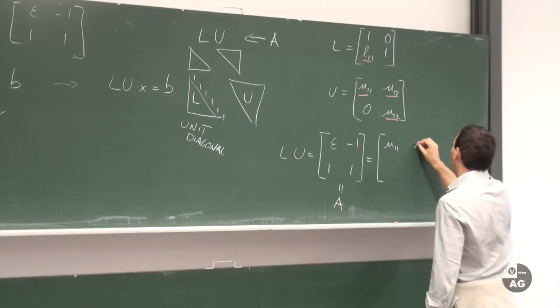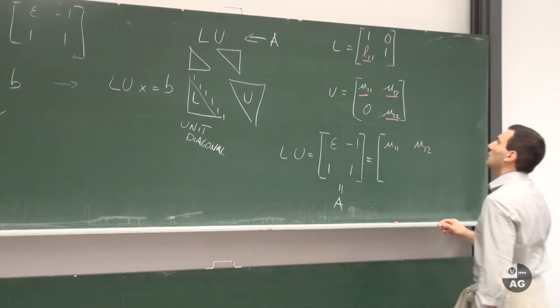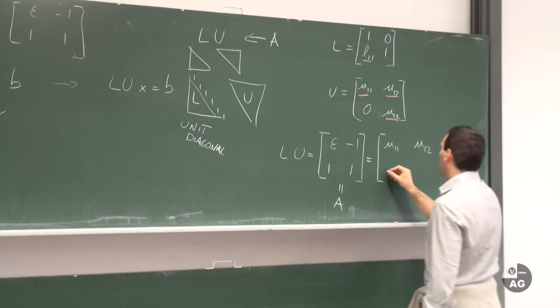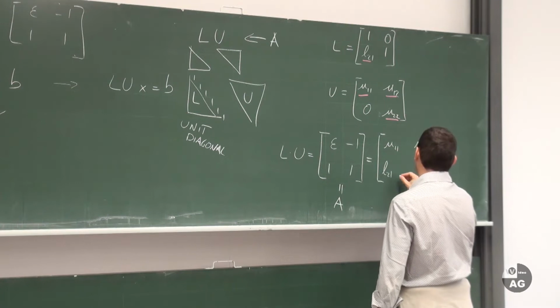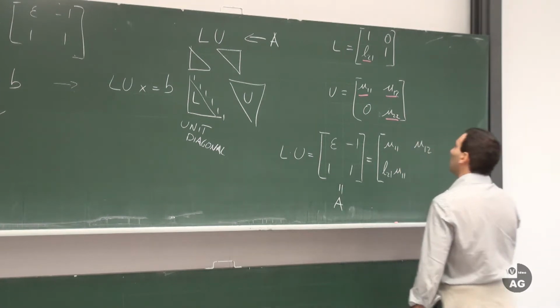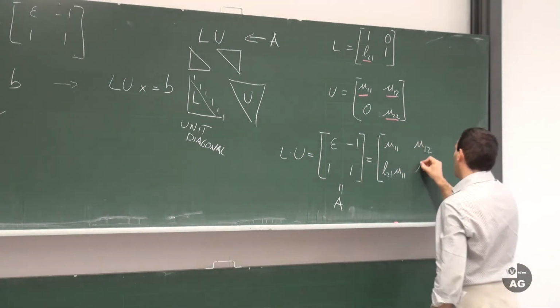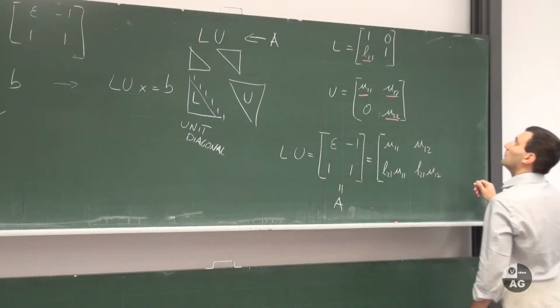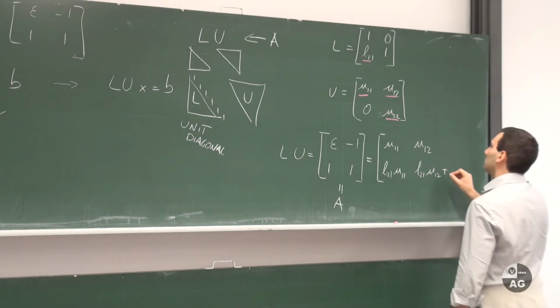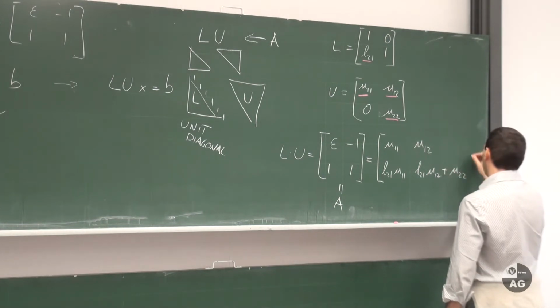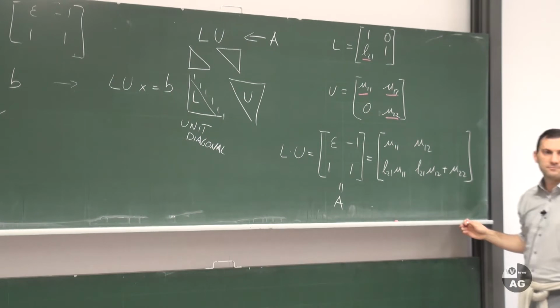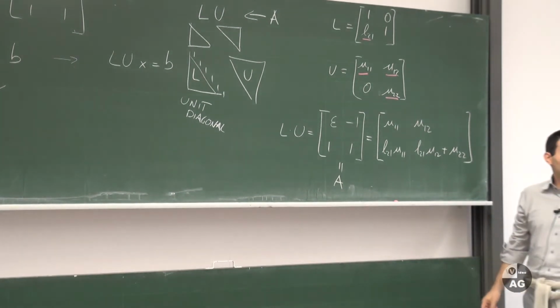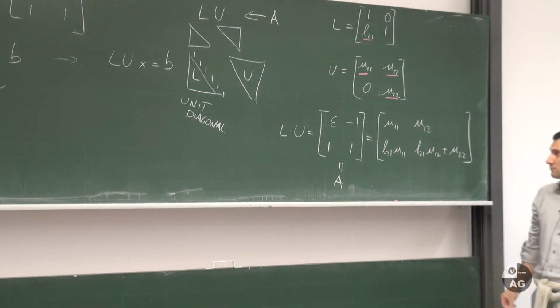Then here we have U12. Down here we have L21 U11. And here L21 U12 plus U22. Okay. Questions so far?